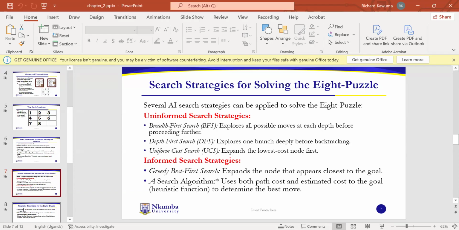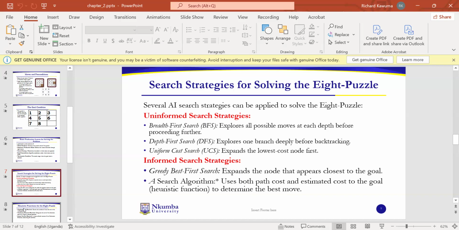Then the informed search strategy. In the informed, we have what we call greedy best first search. The word greedy, to be greedy. What appears first, you take.